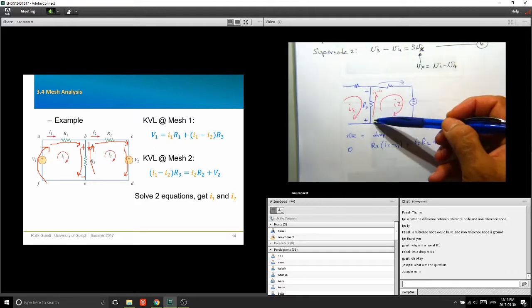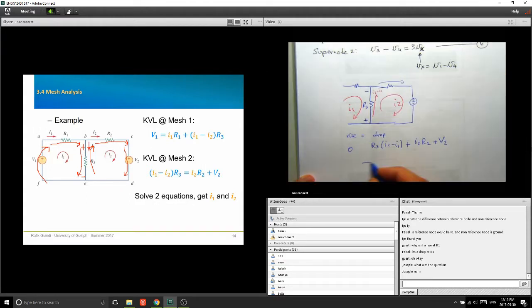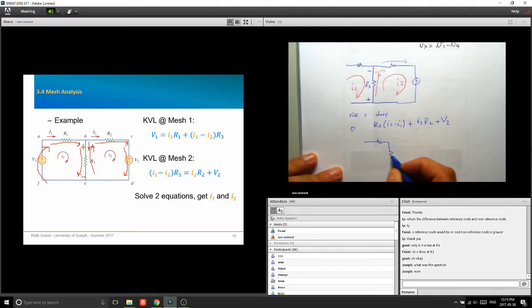compare these two and you say, okay, I'm going to put plus minus. I did originally, I kept it like which assumed is actually I1 minus I2.